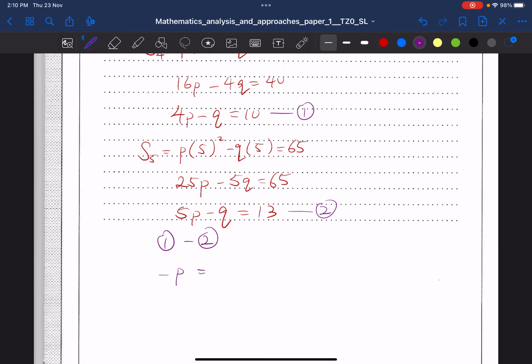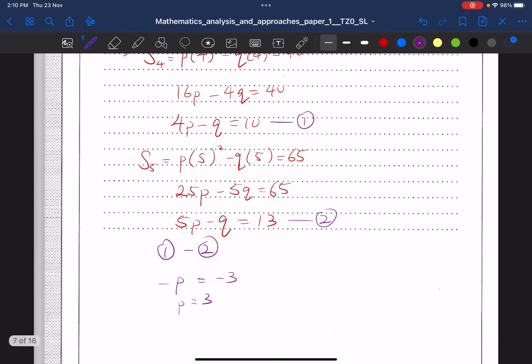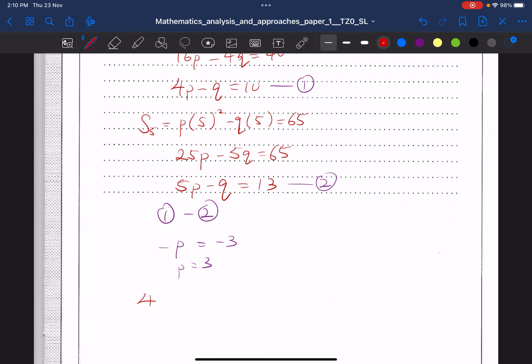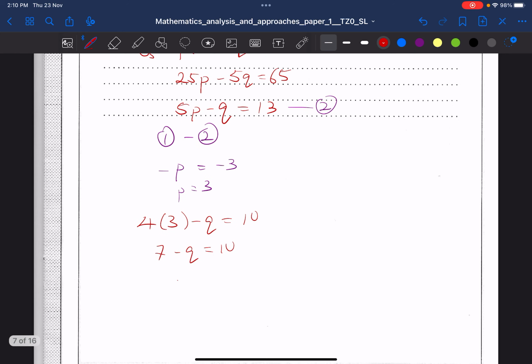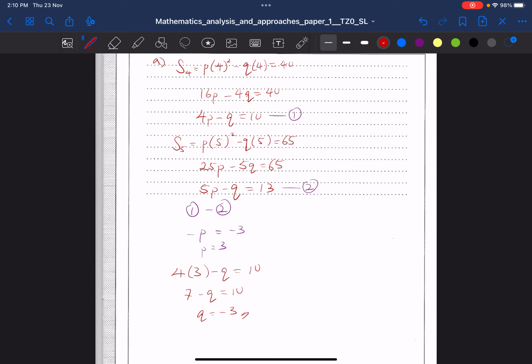And this is 10 minus 13, which is minus 3, and p will be 3 at the end. And then q, I think we can find q by substituting into the first equation. So 7 minus q equals 10. So I think q will be minus 3. Okay, so these are my 2 answers here.